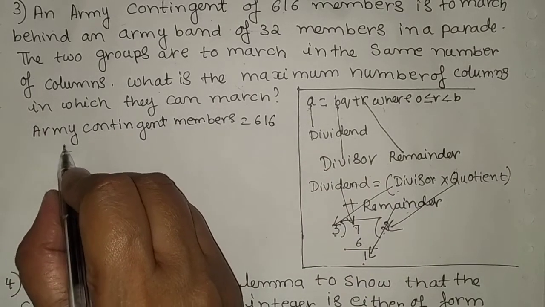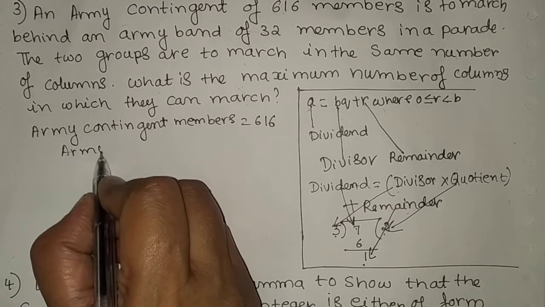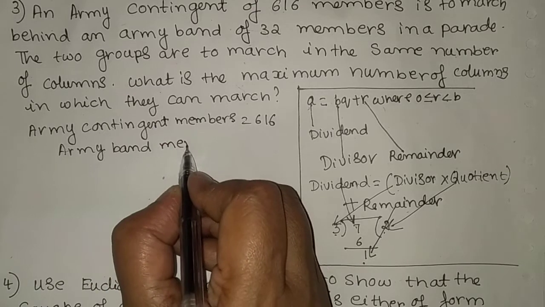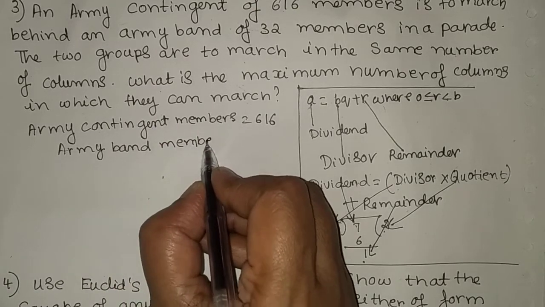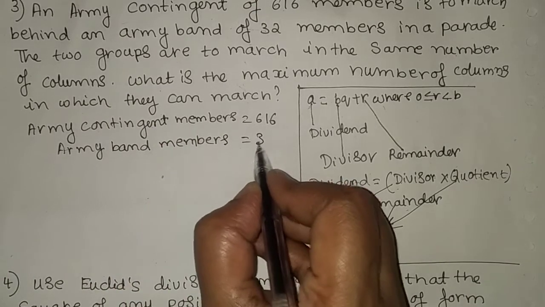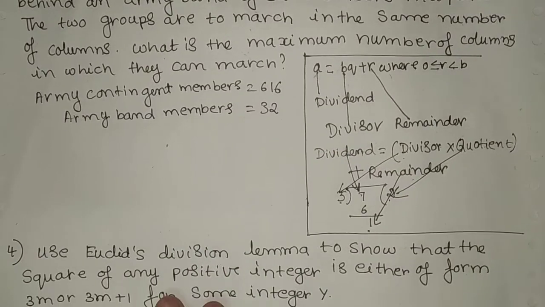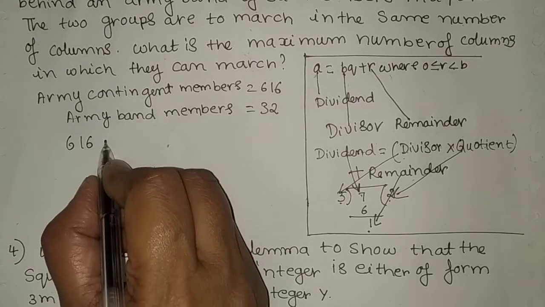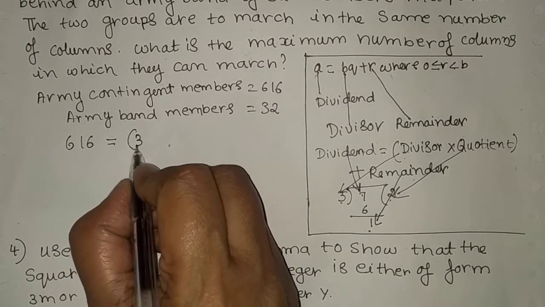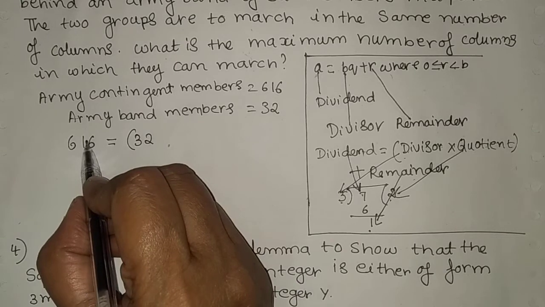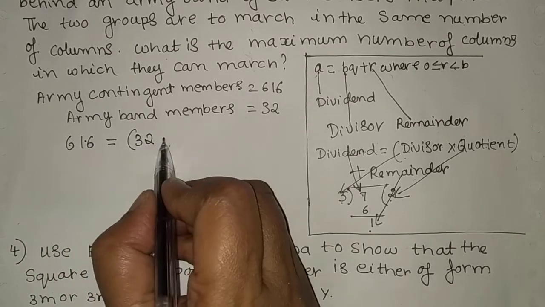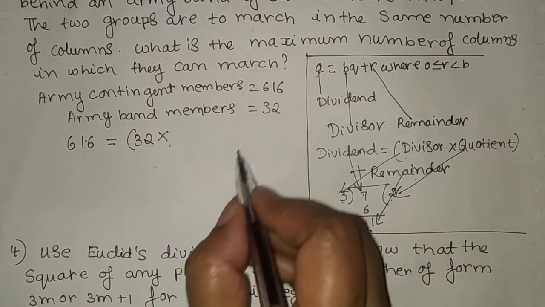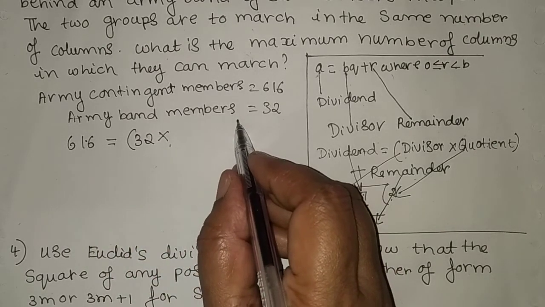Next data given is the army band members, that is the band group, the other group, which contains 32 members. So now we take 616 as the dividend and 32 as the divisor. The first group is the dividend, the second group is the divisor. We'll just see the first working, then we'll continue.